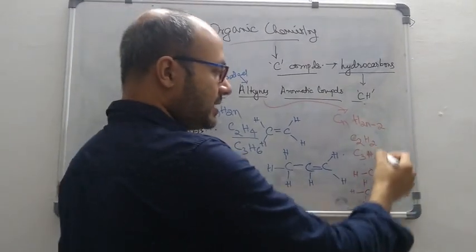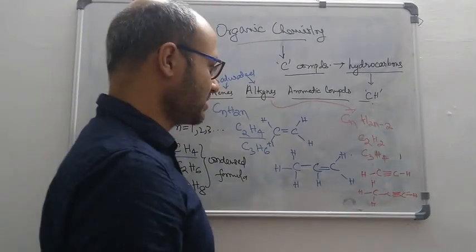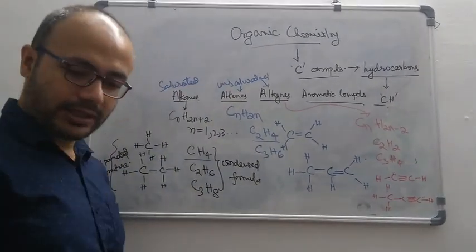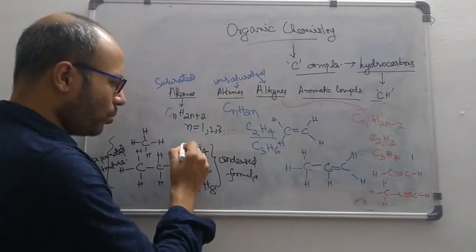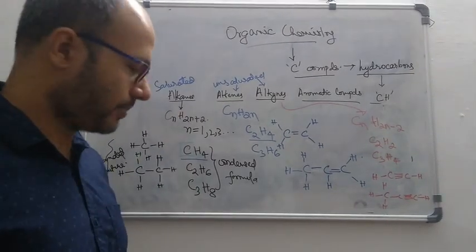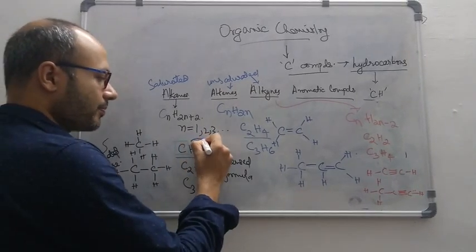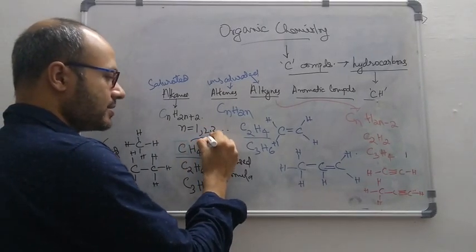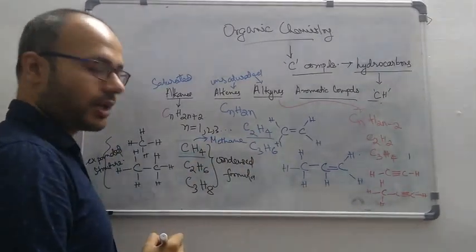Now, please try to add more carbon atoms and try to draw their structures. I'll talk about the names of these compounds. So if you have one carbon atom, the name should be methane.